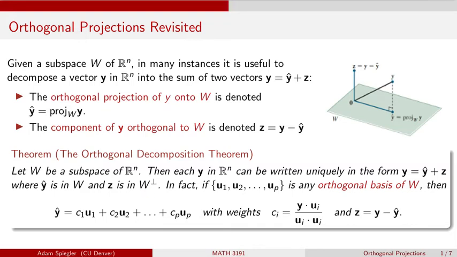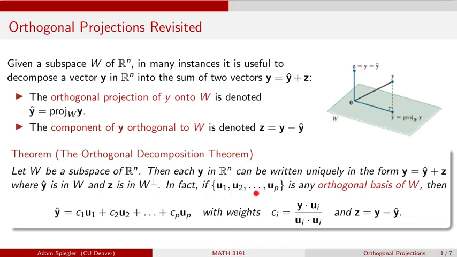So then if u1, u2, all the way up to up is an orthogonal basis for this subspace W, that means the dot product of u1 and u2 would be 0. And the dot product of u1 with all of the vectors in this set are 0 other than itself. u2 dotted with all vectors in this basis besides itself would be 0.